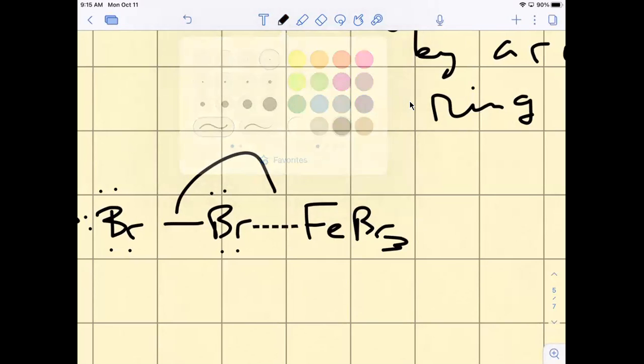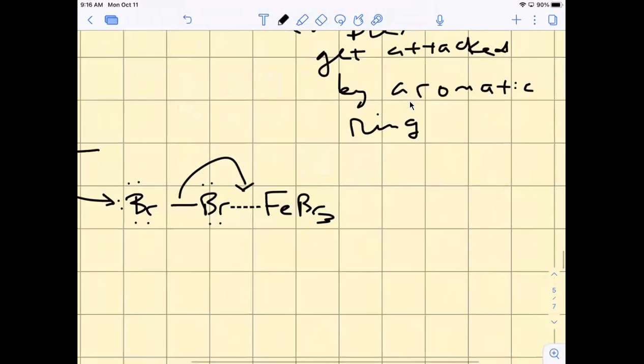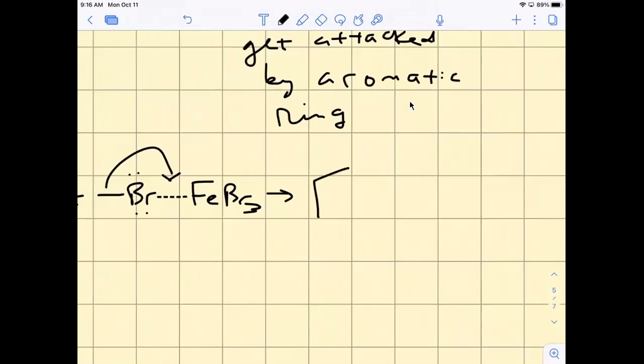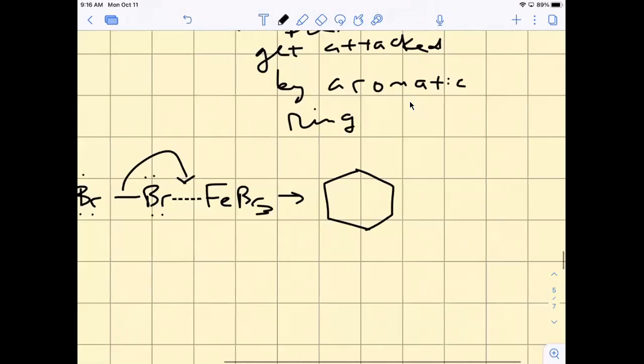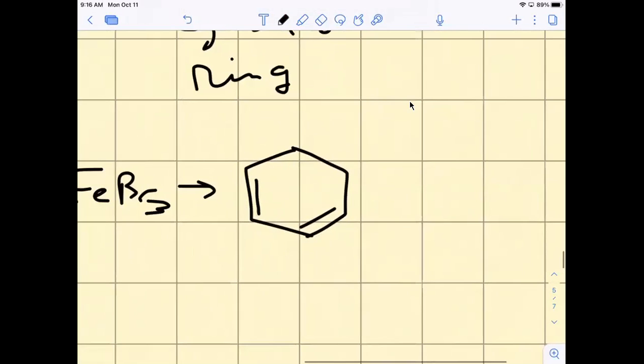All right. So you're going to lose that, break that bond between the two bromines, and you end up with an intermediate that looks, well, not aromatic, but an intermediate that looks like this.